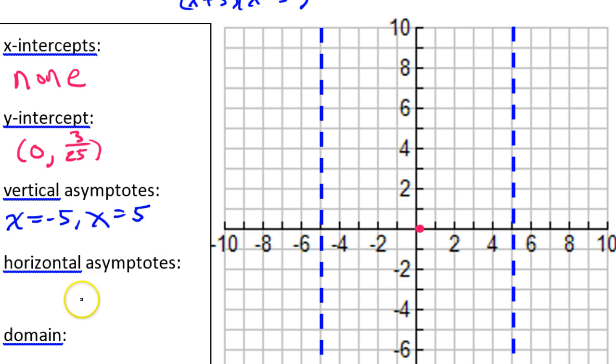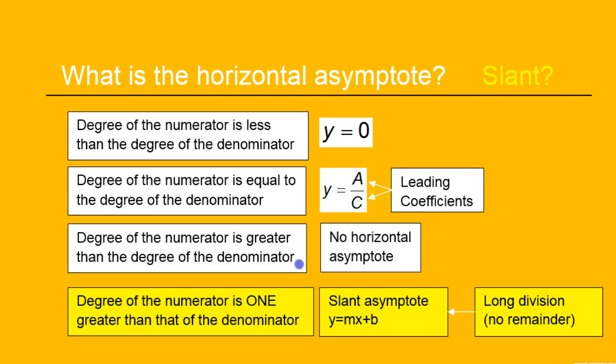So now horizontal asymptotes. When we ask about horizontal asymptotes, we must stop and consider the degree of the numerator and the degree of the denominator. Which one of these three situations are we in? If the degree of the numerator is less, then y equals 0 is the horizontal asymptote.